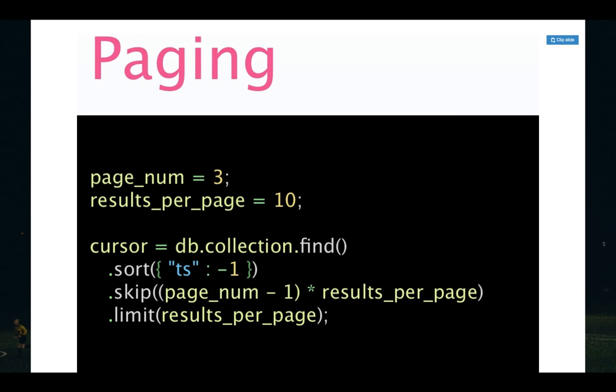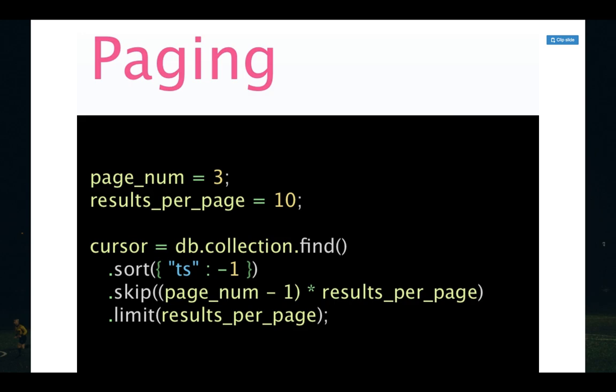Let's see how we can do pagination using MongoDB. Page number equal to 3, results per page equal to 10.